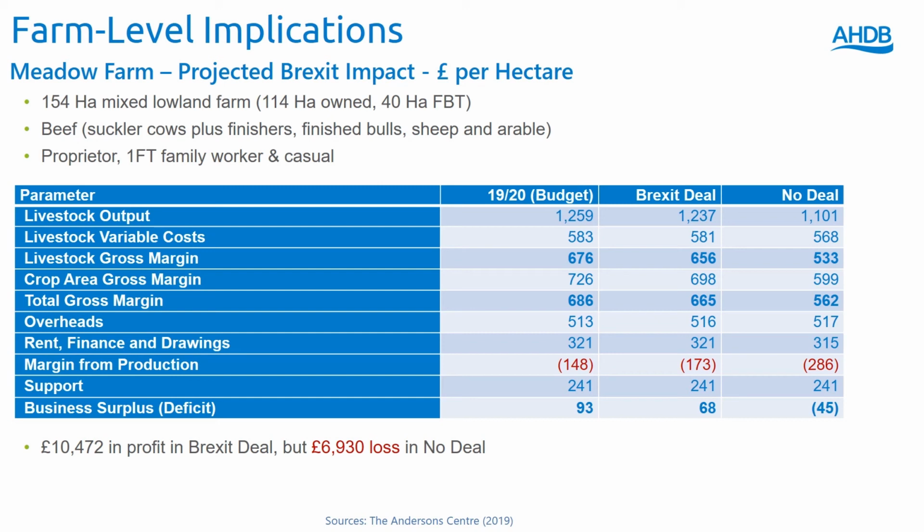So key questions for farms such as this, and I think with one eye on the future as well with regards to support payments, you can see farms such as this are heavily reliant on support. What happens in terms of direct payments in the future, if the levels of support go down over the longer term, it will give rise to key questions for farms such as this as to what they will do in the future.